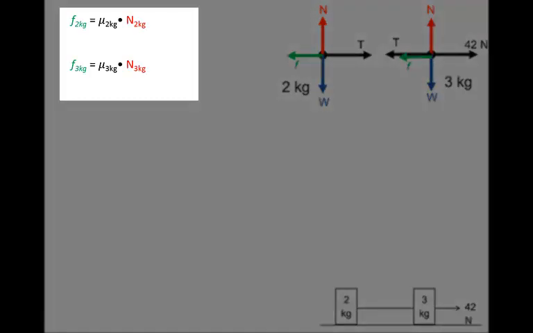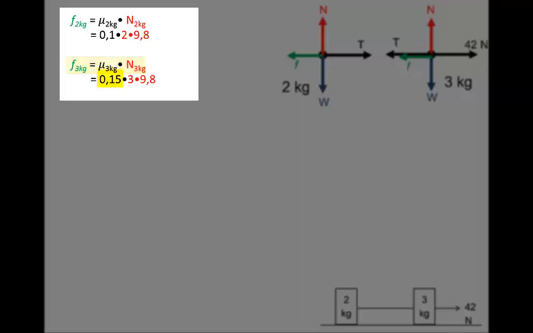First step, we need to find the friction force acting on each of these bodies. We substitute the relevant values into these equations. The coefficient of friction for the 2 kilogram object is 0.1, and the normal force is its mass, 2, multiplied by acceleration due to gravity, 9.8. The friction force acting on the 3 kilogram object is found by multiplying its coefficient of friction with its normal force.